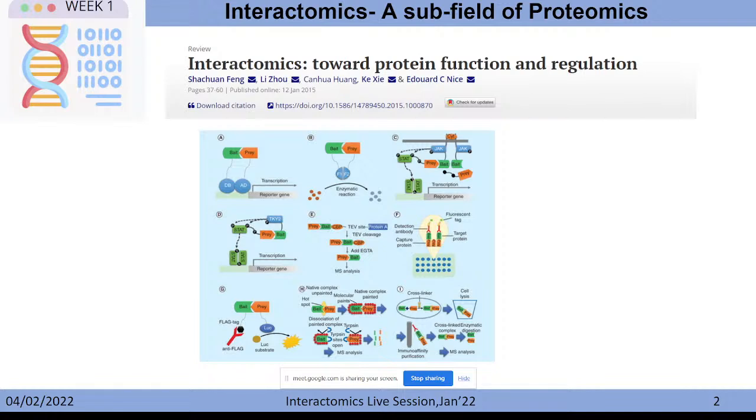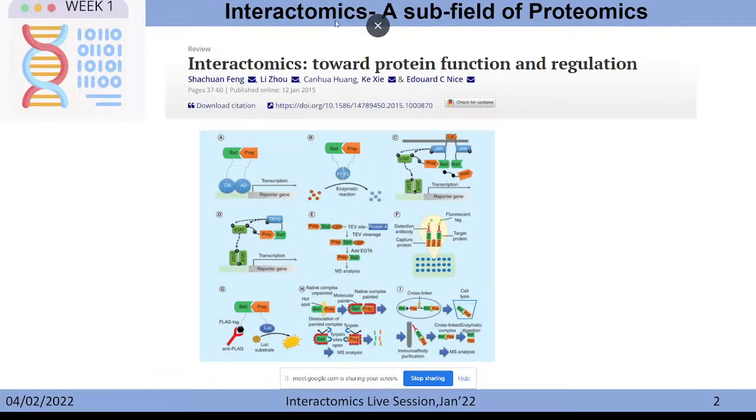So now you can understand that interactomics helps us to understand all those interactions and their function and their regulation, which affect all the basic processes of the cells.